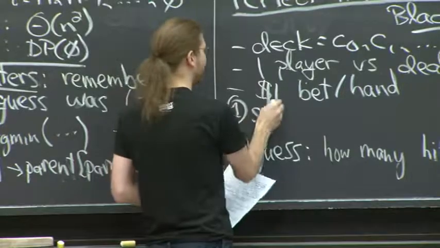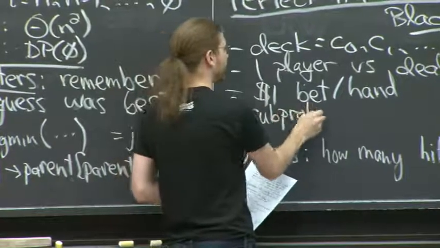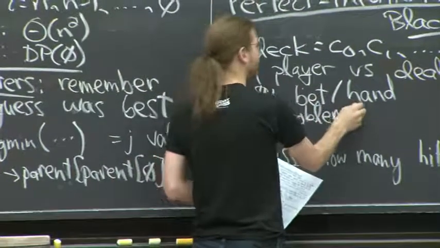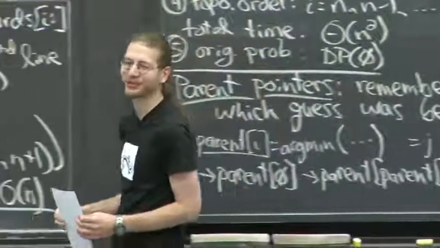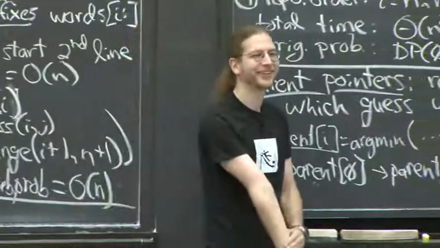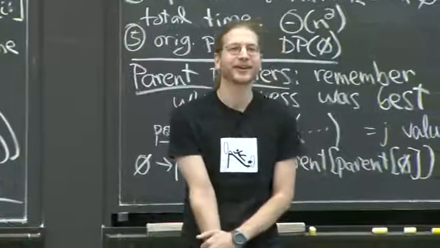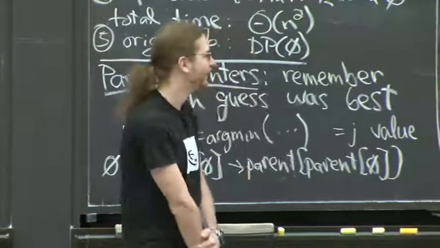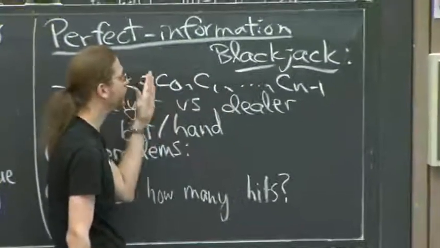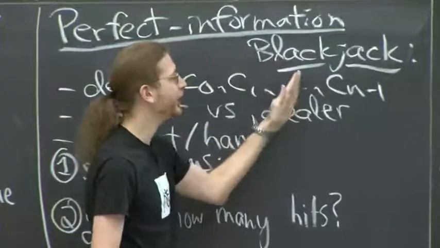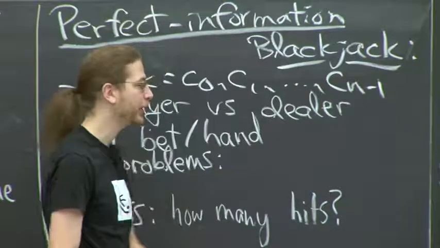Our subproblems. Anyone tell me what our subproblems would be? In one word or less? Less would be impressive. Yeah. Where do you start the new hand? Yeah. So it's going to be suffixes of the cards. So at some point, we do a play, and then we get to the ith card, and then the rest of the game will be from the ith card on.